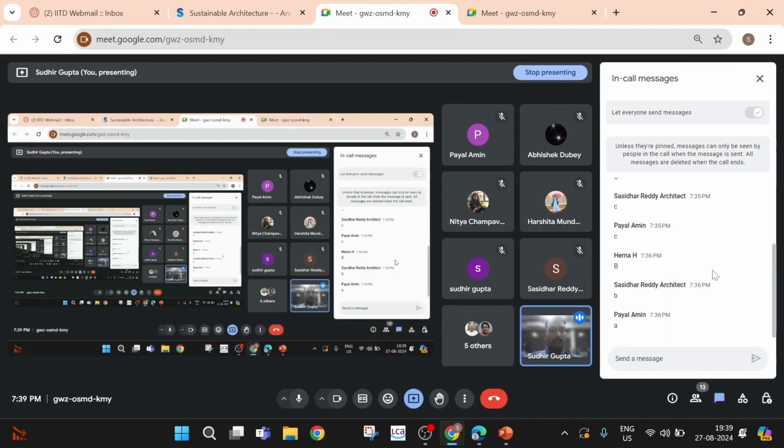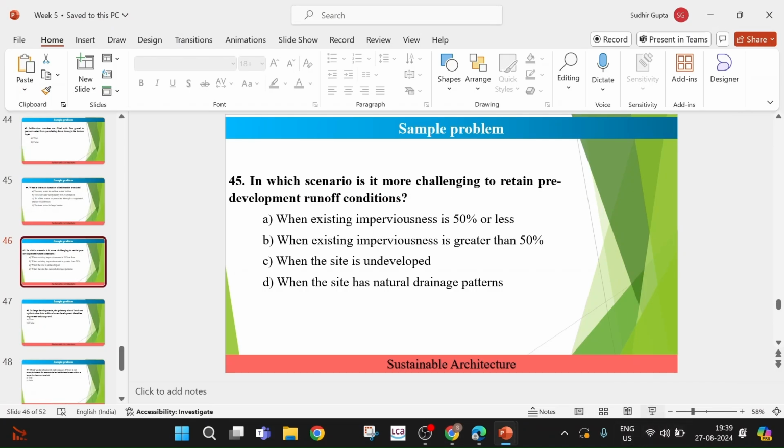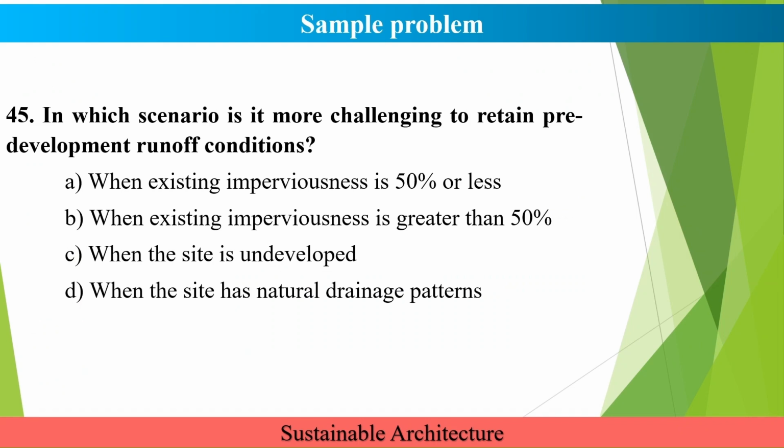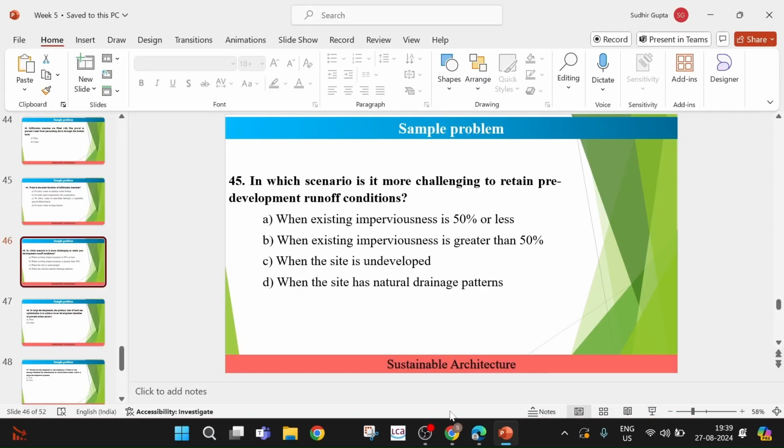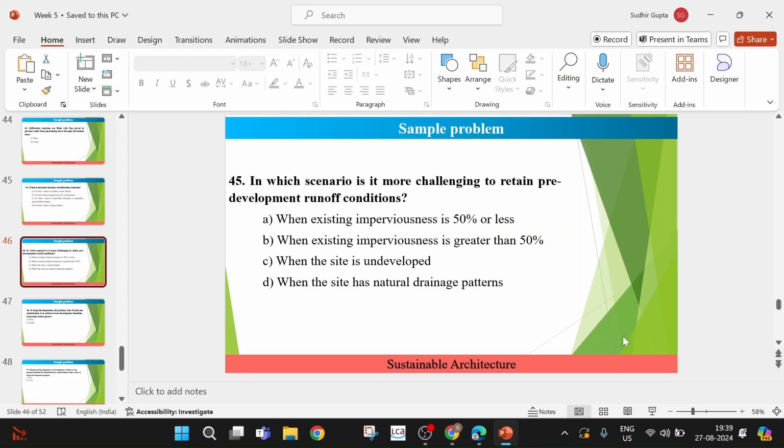B, B, A. Others also try to give an answer to this question. Screen is visible. Yes. Okay.